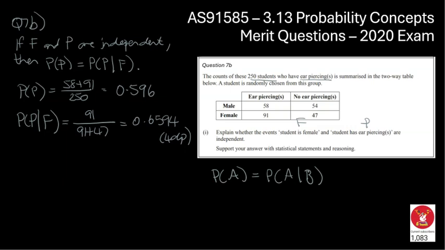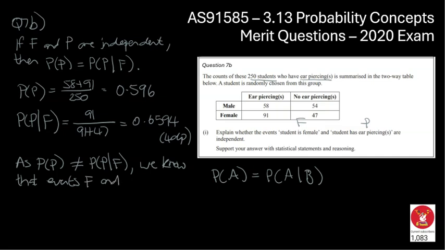Based on that, we're now just going to state our conclusion. As the probability of having a piercing is not equal to the probability of having a piercing given they were female, we know that events F and P, their gender and whether or not they had a piercing, are NOT independent of each other.